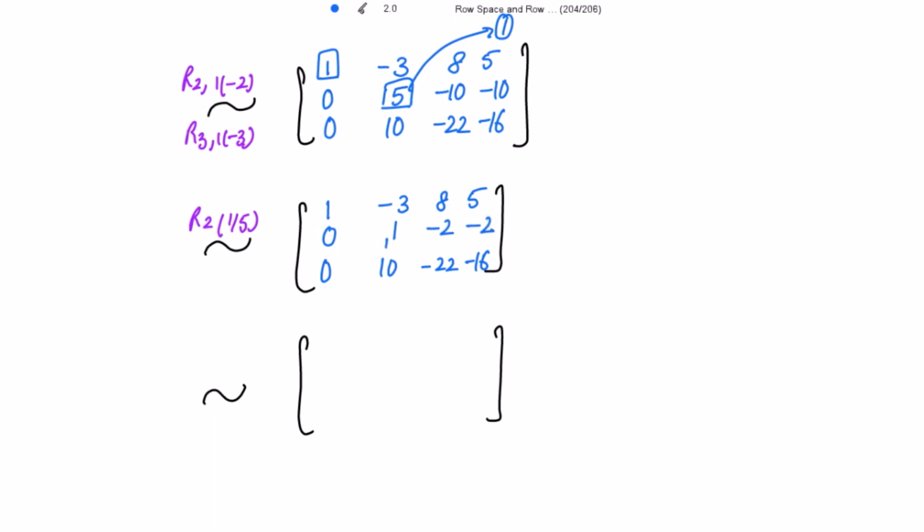So I got 1 over here. This is already the leading element for the first row. To get the leading element for the second row, we need to make this and this to be 0, right? To make this as 0, we need to apply the row operation on row 1.